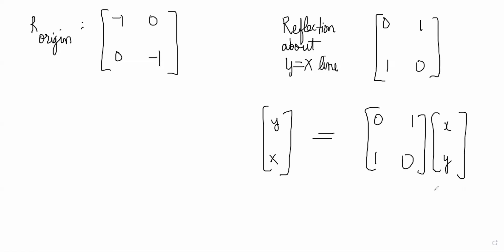Do you understand what is happening? Yes, sir. This is the initial coordinates. If you multiply with this matrix, you will get a final coordinate which is reversed, y, x.